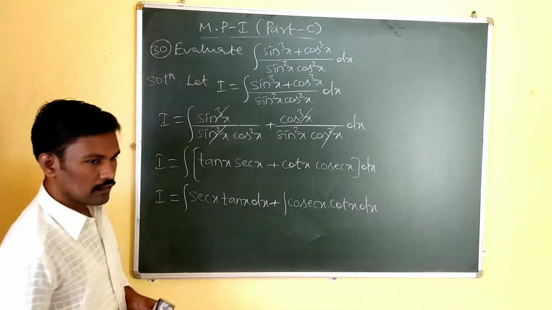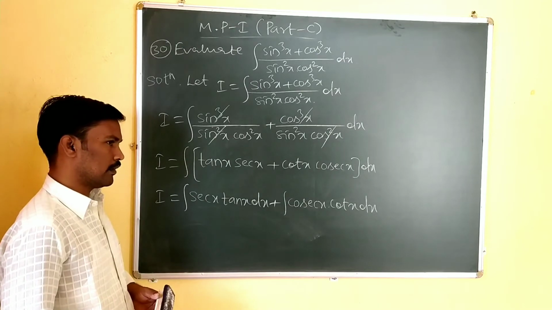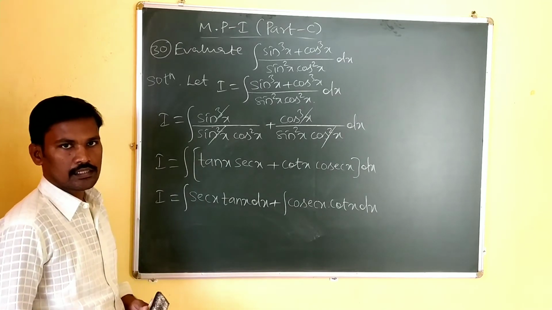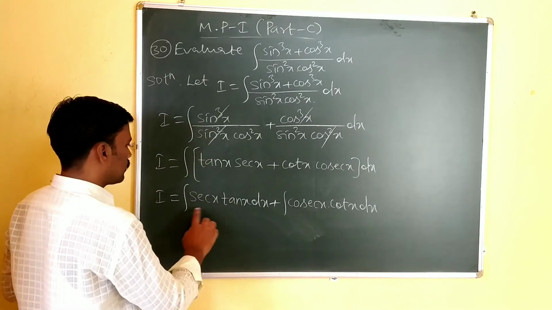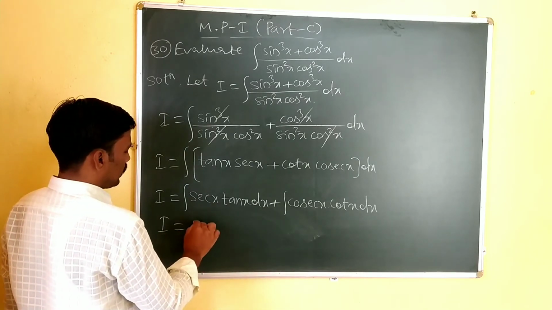And we know that the derivative of sec x is sec x into tan x. Therefore we can replace this integration of sec x into tan x by simply sec x.